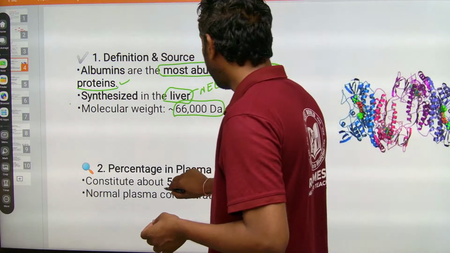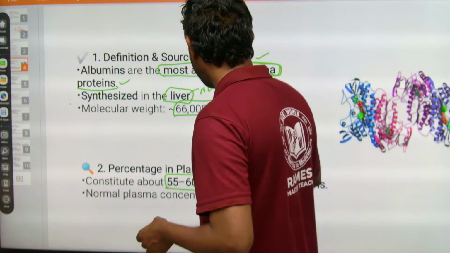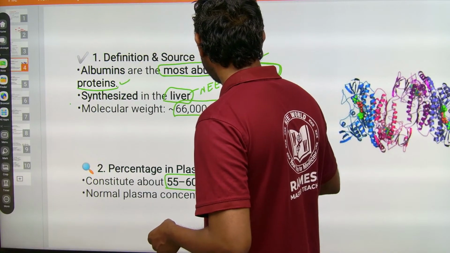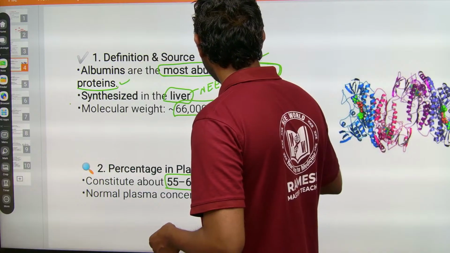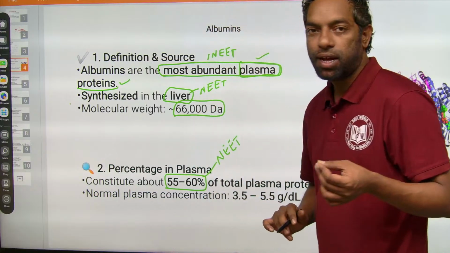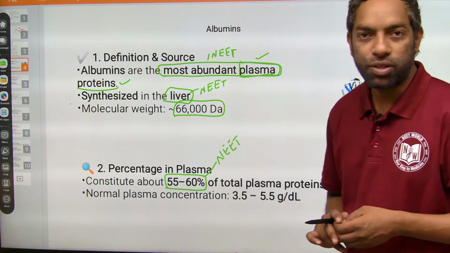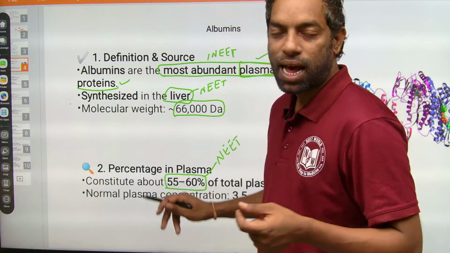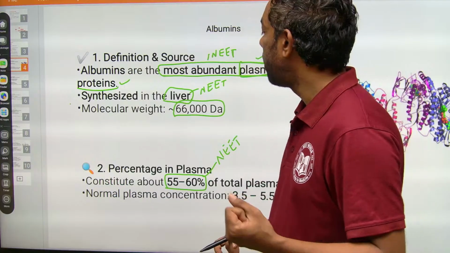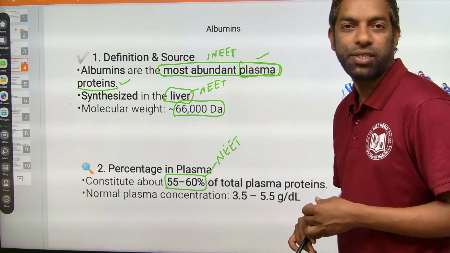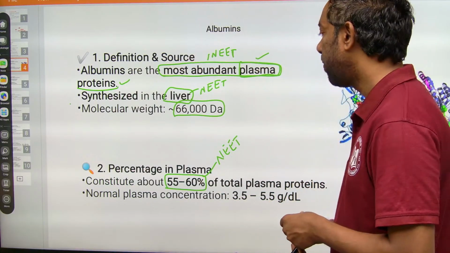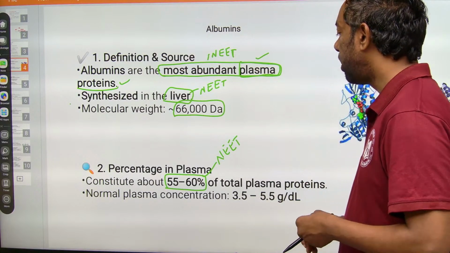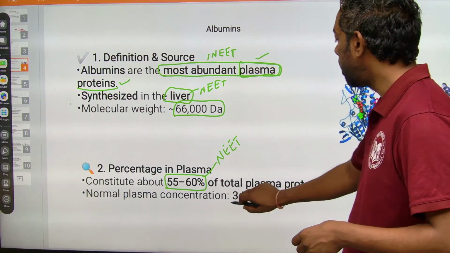It is 55 to 60% in the plasma. This is also a NEET point, guys. Albumins, globulins and fibrinogens are plasma proteins, and albumins occupy 55% among those three. Normal plasma concentration, they might not ask you this.